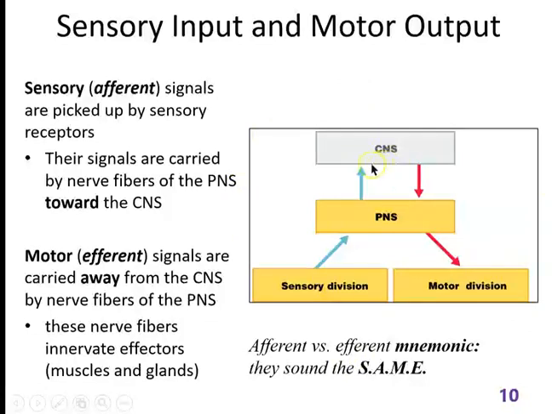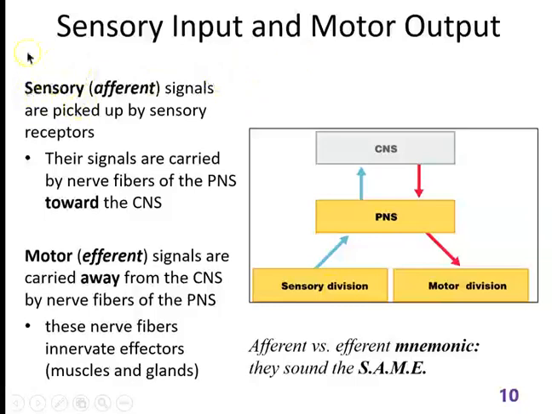shows the CNS. What do you think that stands for? Hopefully you came up with central nervous system. And if that's central nervous system, this would be peripheral nervous system. And remember, the peripheral nervous system has a motor division and a sensory division. So this slide is showing you some other terminology.